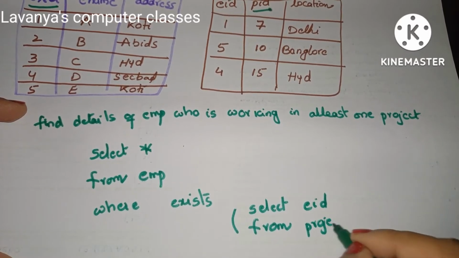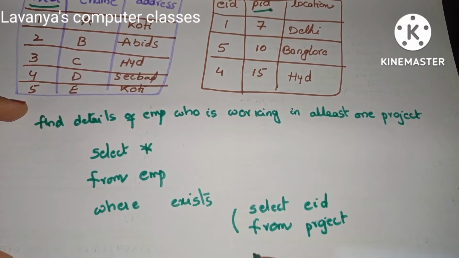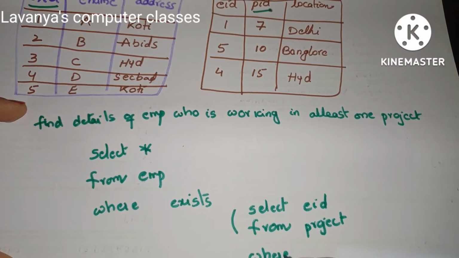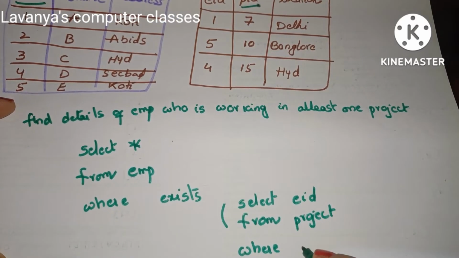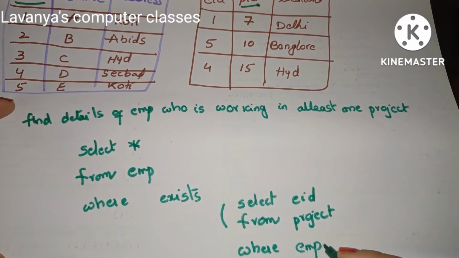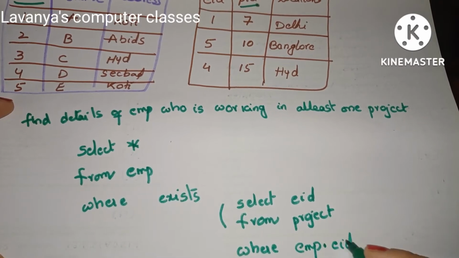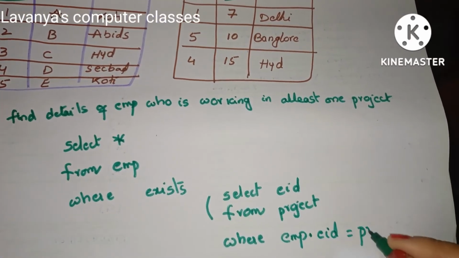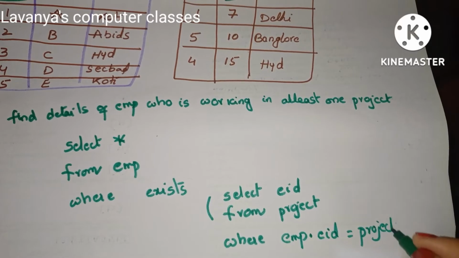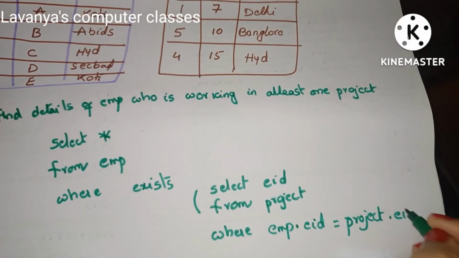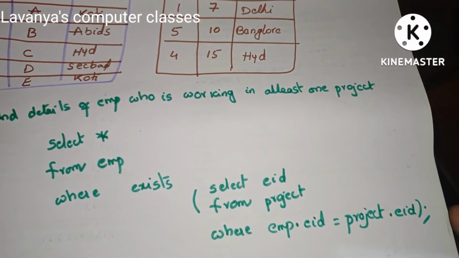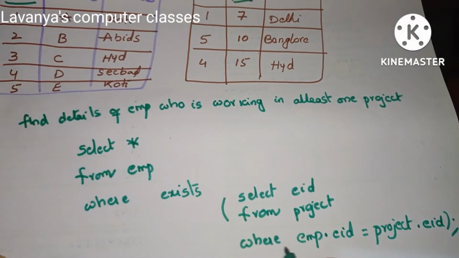The second table. What is the second table name? Project, where here we need the condition. The condition is where emp.eid equal to project.eid, then close it.